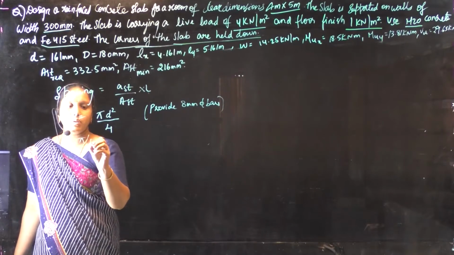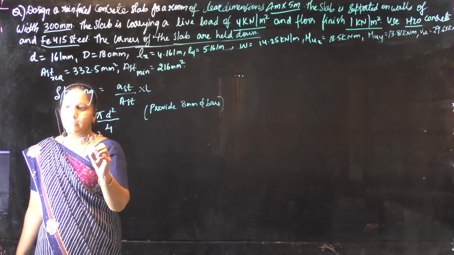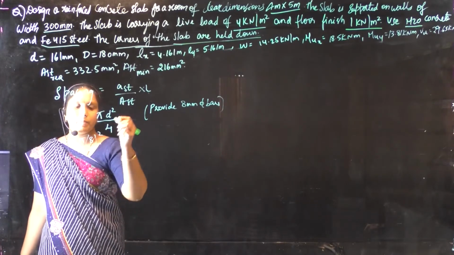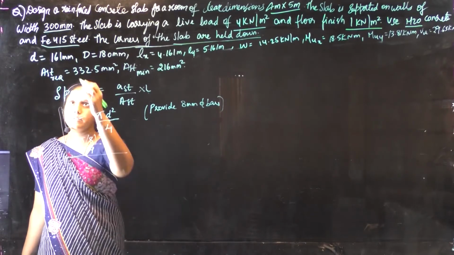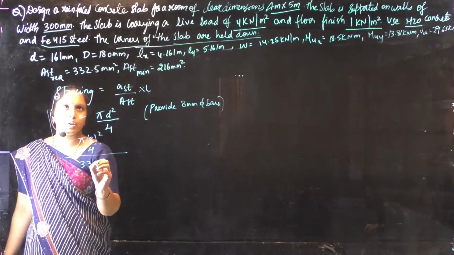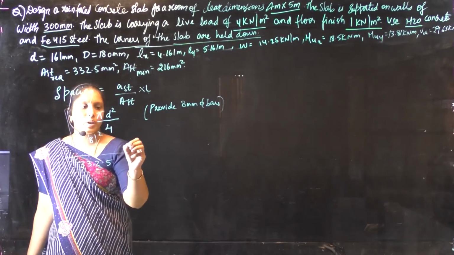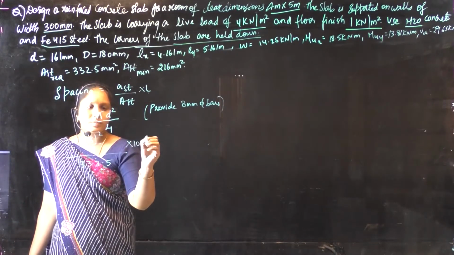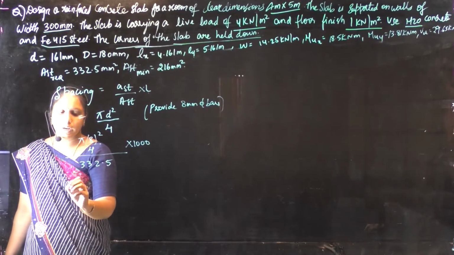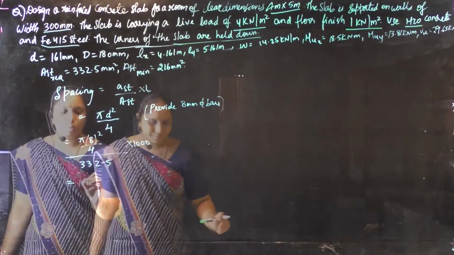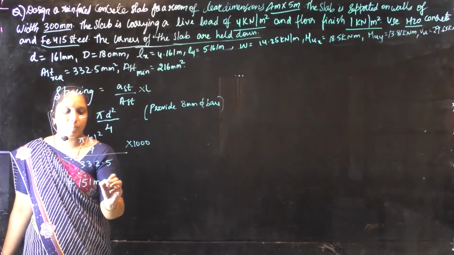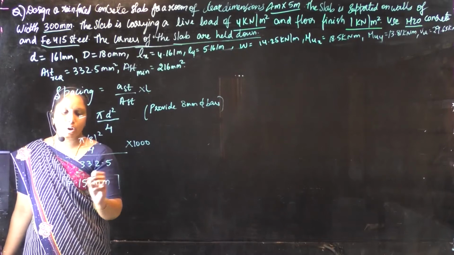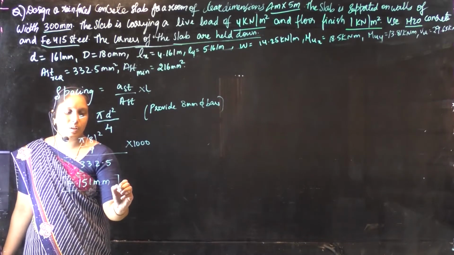So pi into 8 whole square divided by 4, divided by the capital Ast, which is 332.5 mm square, into 1000. If you solve this, you will get a spacing of 151 mm. So this is what you are going to get as your spacing.